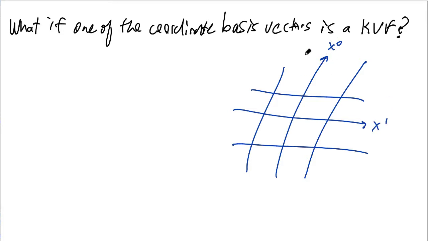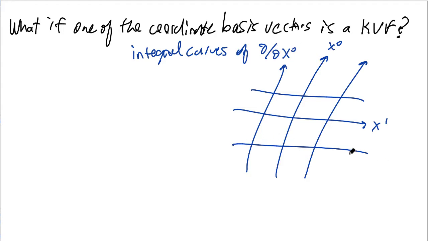Now, what I really mean by these coordinate lines is, for example, this coordinate line, this is a line along which x0 is varying while keeping x1, x2, and x3 constant. So these curves are really the integral curves of d by dx0, what we've been calling one of the basis vectors.